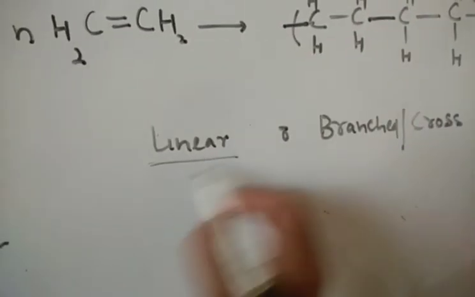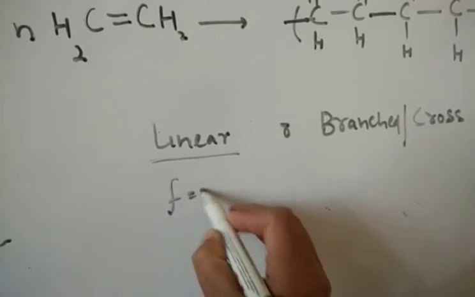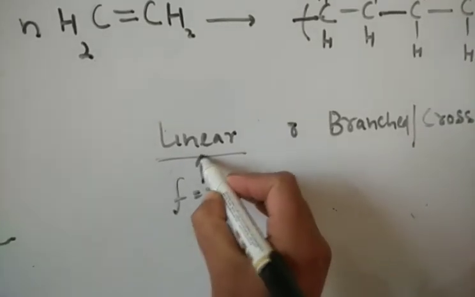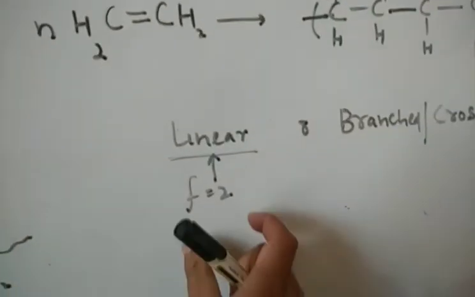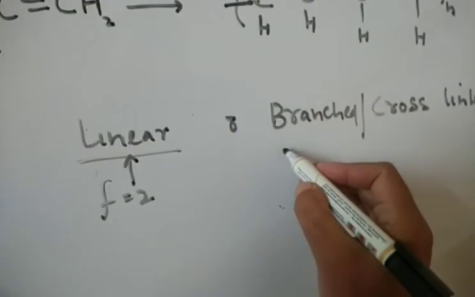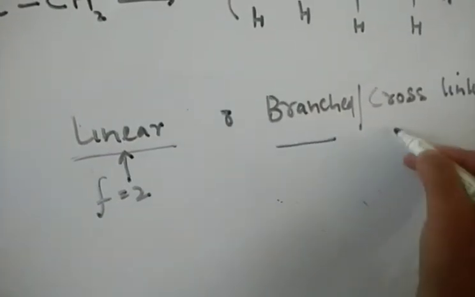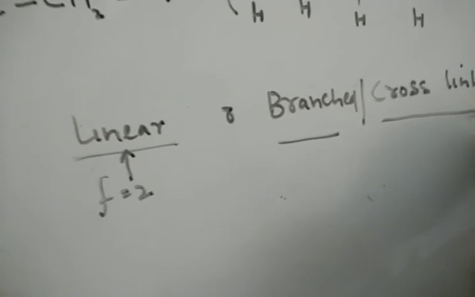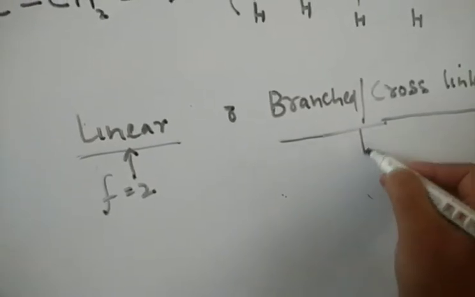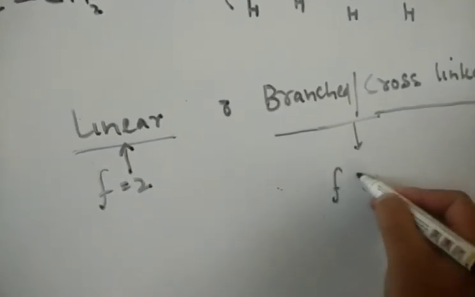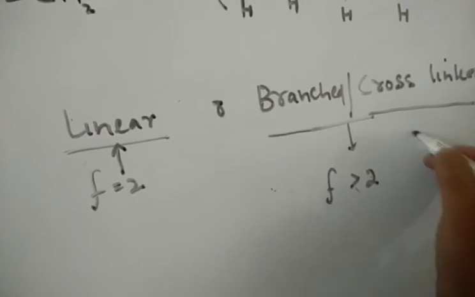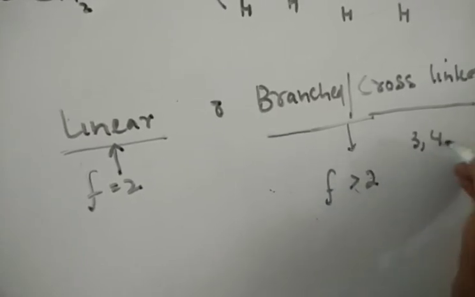If your functionality is 2, then you will usually get a linear polymer. Example, ethylene to polyethylene. And if you want a branched polymer or a cross-linked 3-dimensional polymer, then your functionality should be greater than 2, that is 3, 4, and so on.